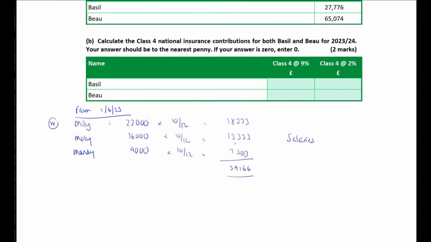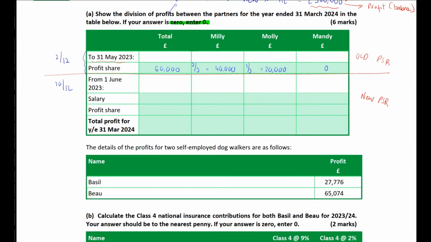So I can transfer those salaries into here. So giving each partner a salary for 10 months of the year, reference to our working below, just for your reference. And then I'm on to the profit share part.